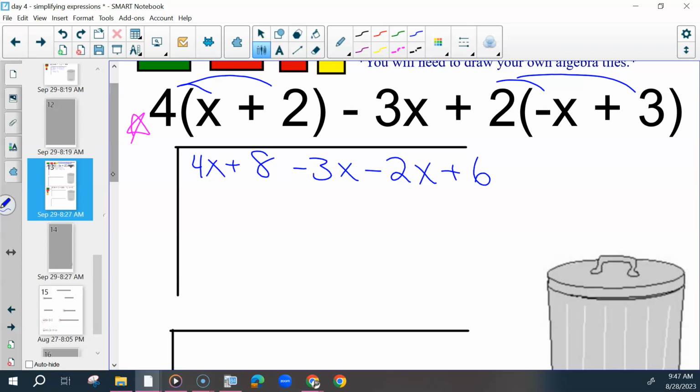Vanessa. Combine like terms. So figure out what are the like terms here. We have 4x, negative 3x, negative 2x, and then positive 6 and positive 8. Go ahead and combine those.